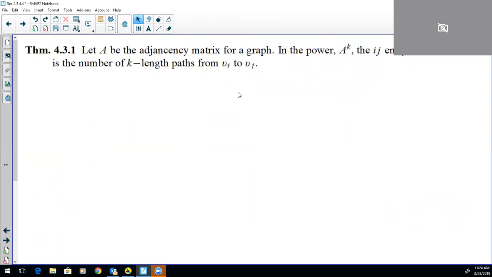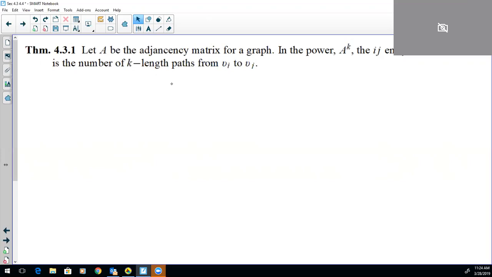So remember that in the matrix A, the entry in row I, column J is the number of edges joining vertex I with vertex J. So if we have the adjacency matrix and we raise it to a whole number power, A to the k, then the ij entry in there is the number of k-length paths from vertex I to vertex J.